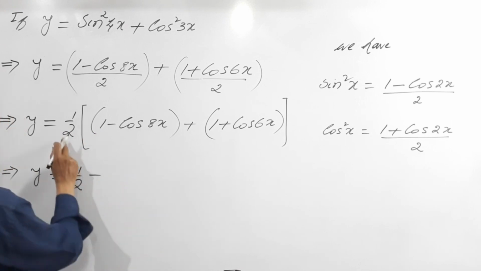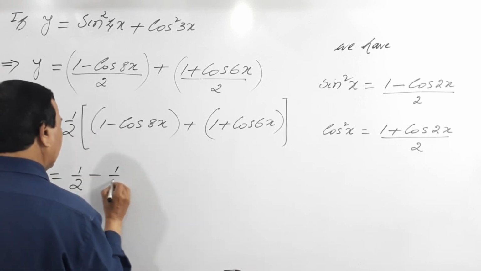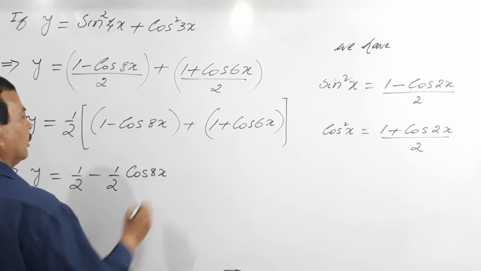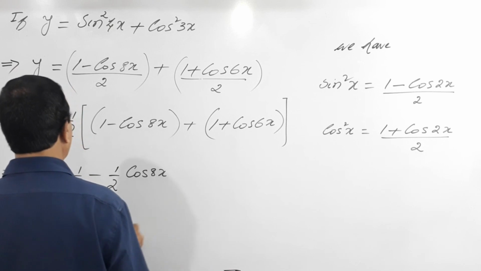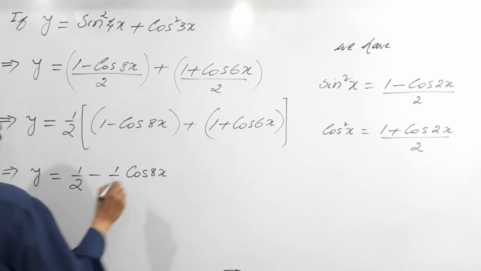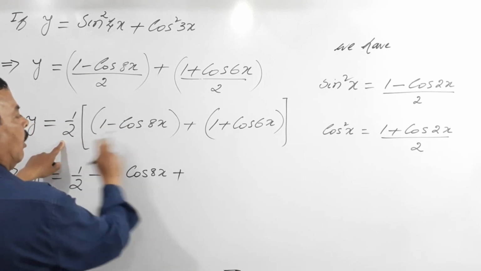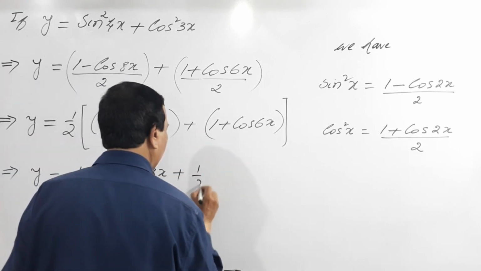Put the minus value. Half into cos, that is half cos 8x. So this part is over. Plus half is here, which I have taken common. Half into 1 is half.